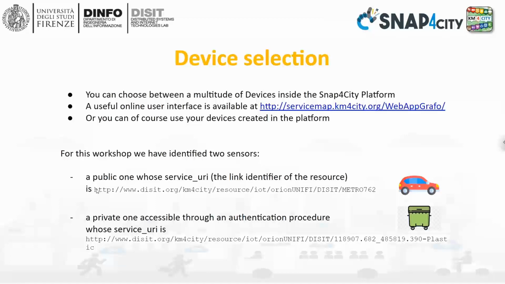The service URI is this complete link, and the other one is a private device accessible through an authentication procedure that we will see later in detail, and the service URI is this one. In particular, this is a plastic waste container located in Amsterdam, whose weights are collected and sent to the Snap4City platform.